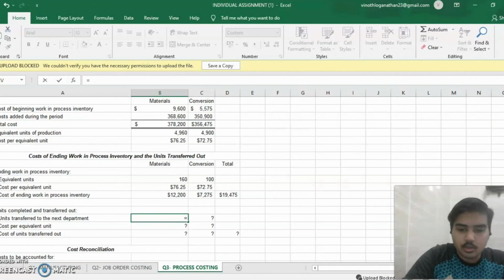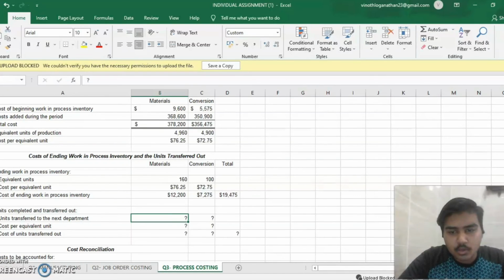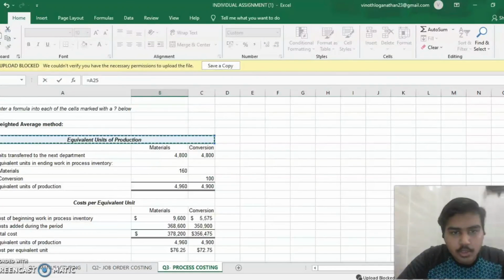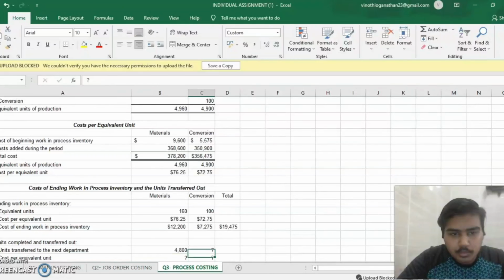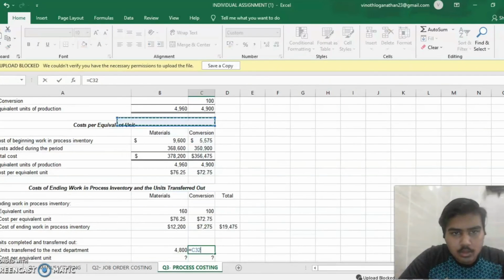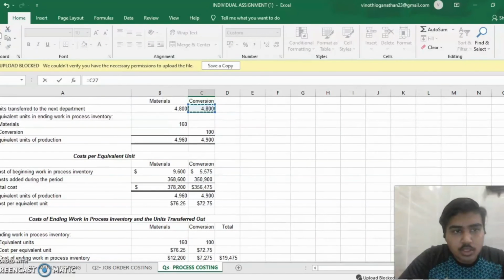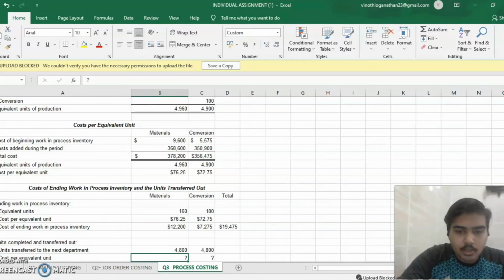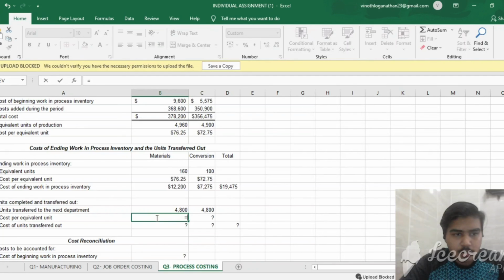And then you have the units transferred out. The units transferred out equals 4,800, the same as this. This is the units transferred to the next department. We know the cost per equivalent unit is here.